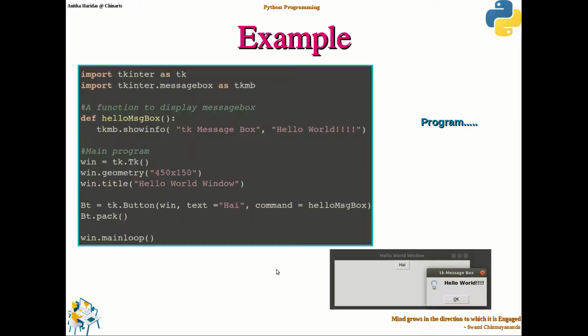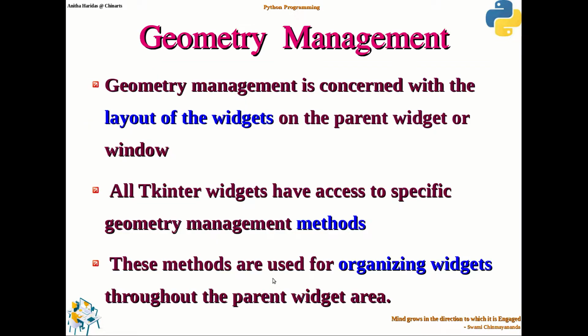Then we had also seen what geometry management means, which is concerned completely with the layout of the widgets, how the widgets are placed on the window or on the parent widget, right? So what are the different methods of specifying the geometry management for organizing the widgets?